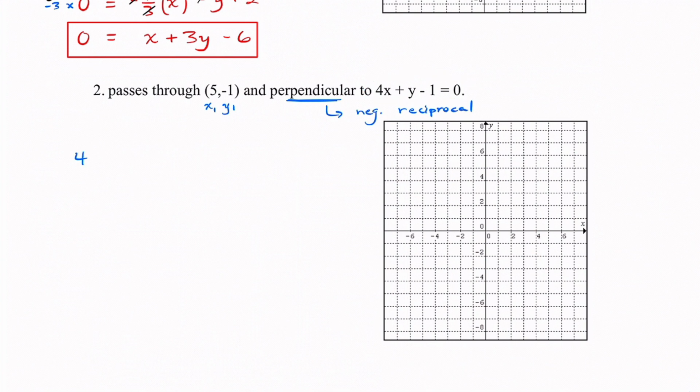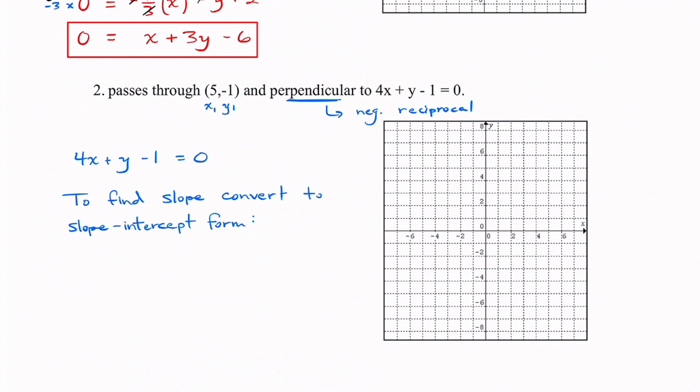So let's start with 4x plus y minus 1, and we're going to find the slope of this. Now the best form to change this into is going to be our slope-intercept form, because that one is the easiest. So I'm going to write that on the side. To find slope, convert to slope-intercept form.